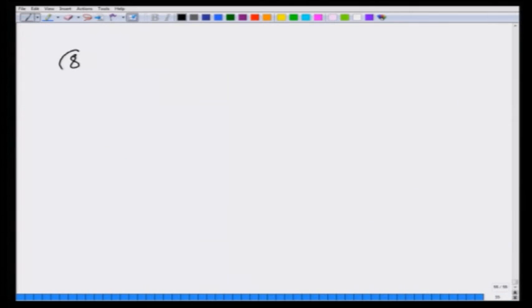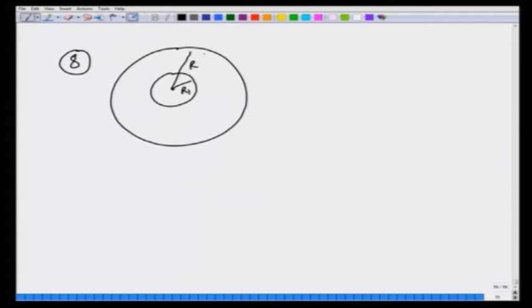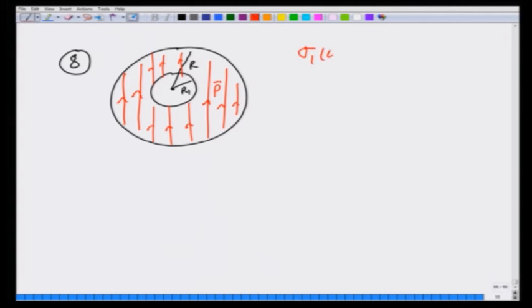Next, problem number 8. An insulating spherical shell of inner radius r 1 and outer radius r 2 carries a uniform polarization. So, we have a shell of inner radius r 1 and outer radius r 2, and it carries a polarization P. The bound surface charge sigma 1 theta on the inner surface and sigma 2 theta on the outer surface are to be found.